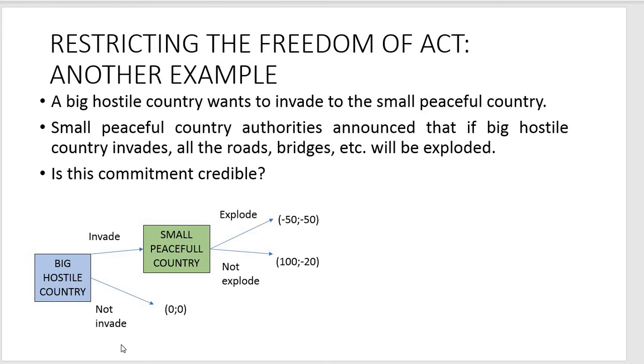And the small peaceful country's authorities announce that if the big hostile country invades, all the roads, bridges, basically infrastructure will be exploded. And the question is whether this commitment is credible. And the answer is no, it's not.